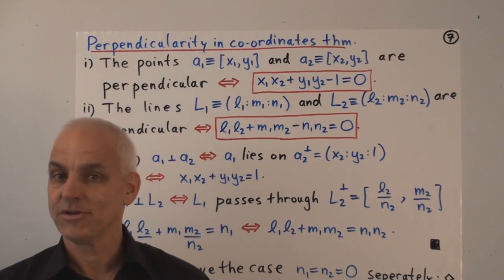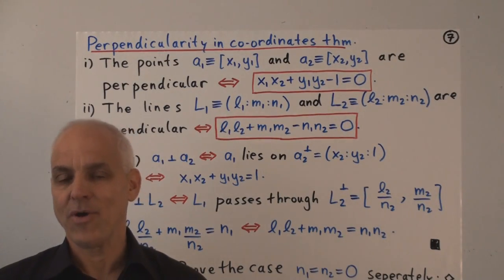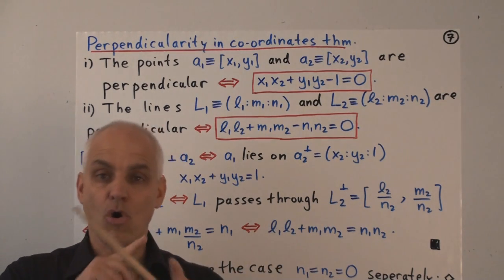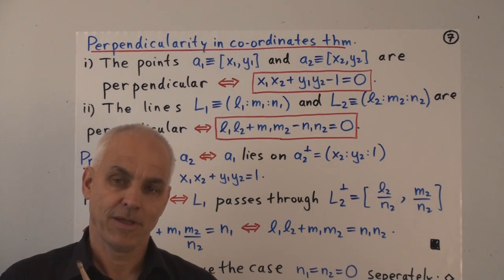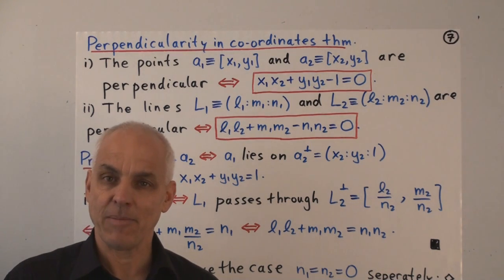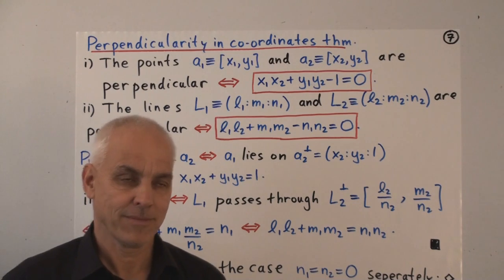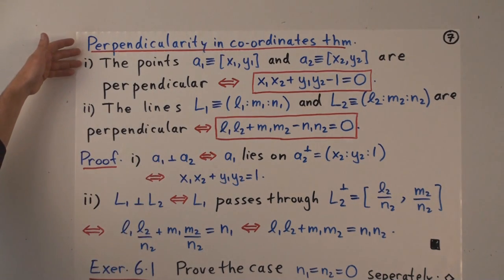Now that we understand duality, we also understand perpendicularity, either between 2 points or between 2 lines, because perpendicularity in the hyperbolic geometry is defined in terms of duality. So we can state this very useful perpendicularity in coordinates theorem.